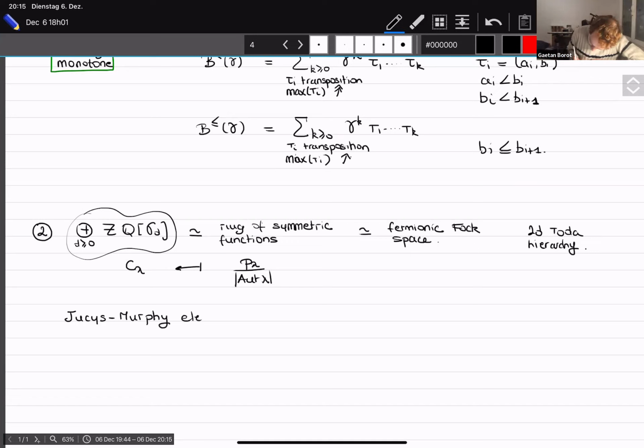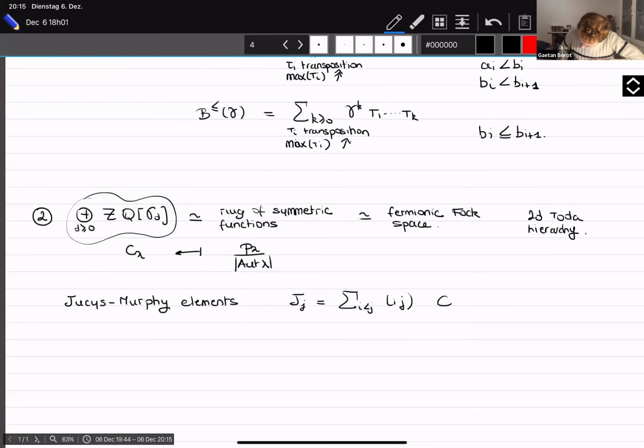And it's interesting to look at the Jucys-Murphy elements. So J, which is the sum of all transpositions with maximum index J. And these are not in the center. However, if you take any, so let me give a name lambda to this ring of symmetric functions.